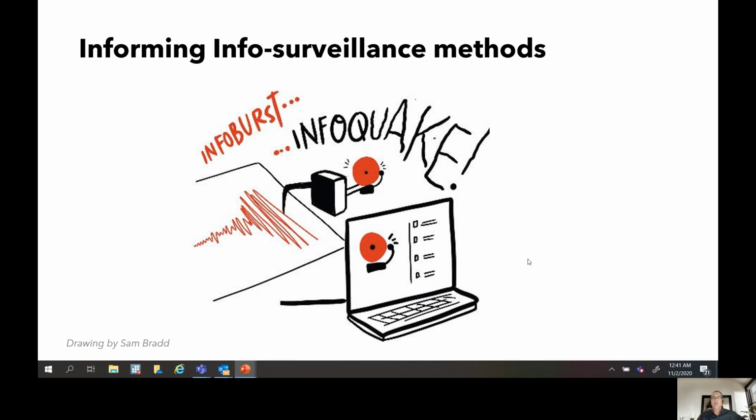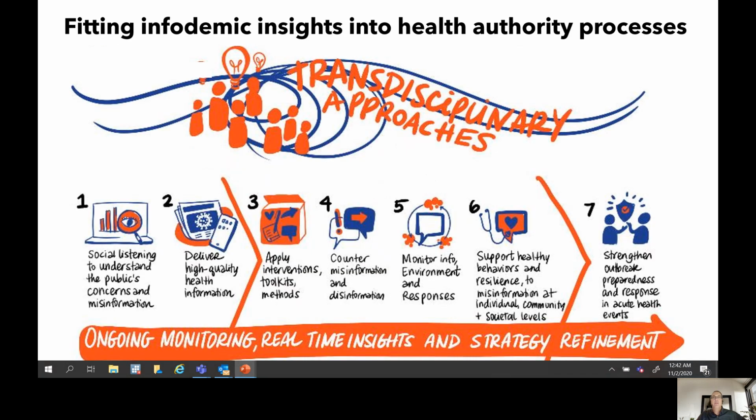So again, there are similar modalities that could be used, like real-time integrated systems for doing that. A lot of thought has already gone into that by a lot of people, but that's just the principle I wanted you guys to understand. And then there's also how infodemic insights into health fit into the health authority process. So I showed you that diagram, remember, about how we have these different reporting structures from the subnational, national, and global level.